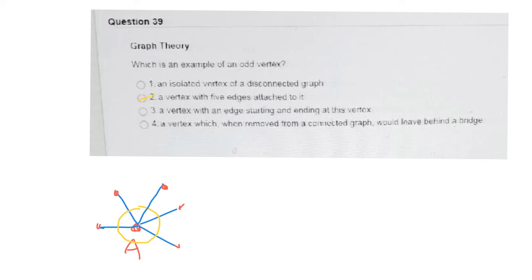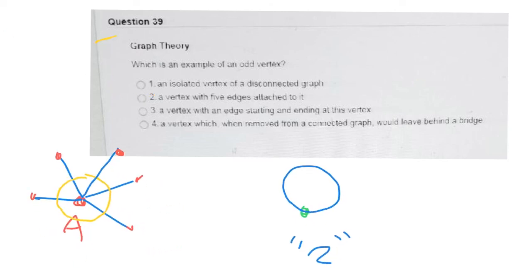A vertex with an edge starting and ending at this vertex. No, because here's a vertex, and here's an edge starting and ending at that vertex. Well, guess what? That has a degree of 2. Why? Because when I zoom in and analyze how many roads are coming out of this thing, there's 1, and then there's another one over here.